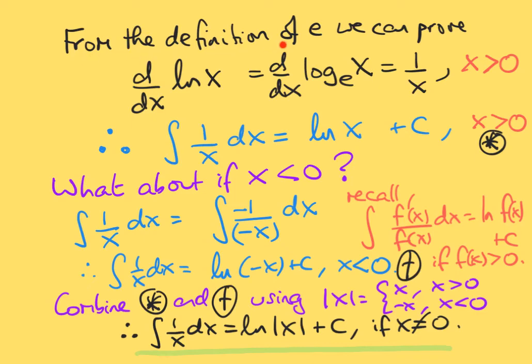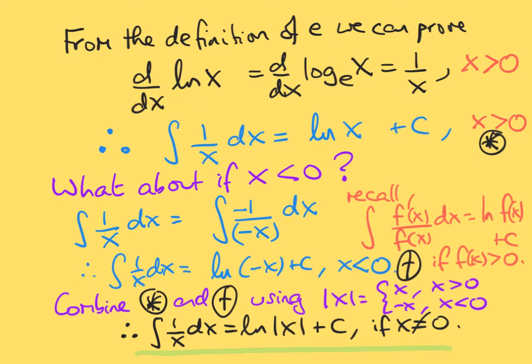If you go back to the beginning of calculus from first principles, and I have a video on that in the playlist about calculus from first principles from definitions, you can show from the definition of e, the base of the natural logarithm, that the derivative of the natural logarithm of x, in other words, the derivative of the logarithm to the base e of x, is 1 over x. And in this derivation, it is assumed that x is greater than 0. So that's the result we start with.